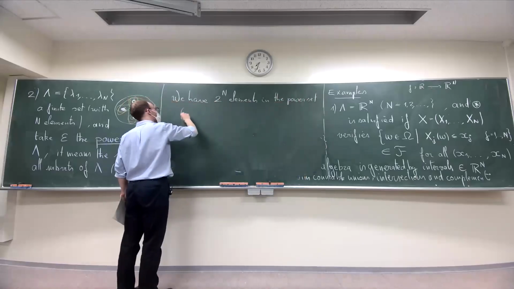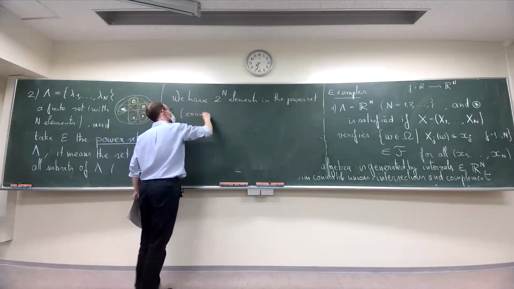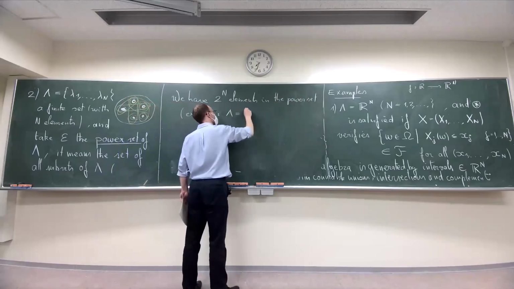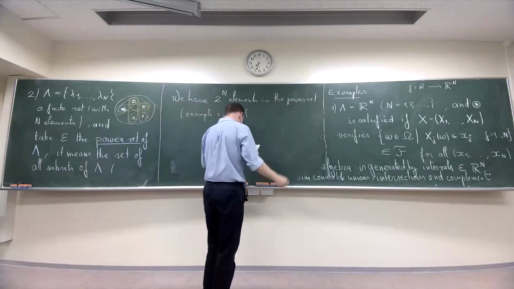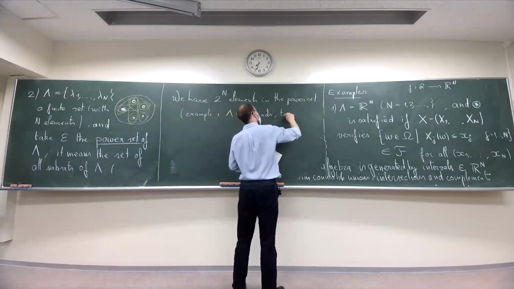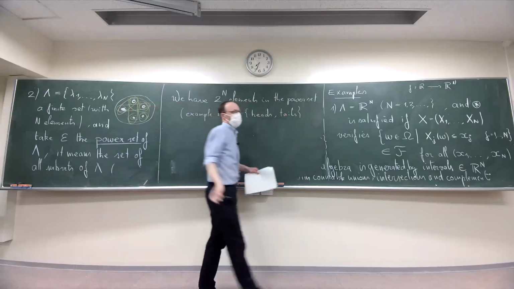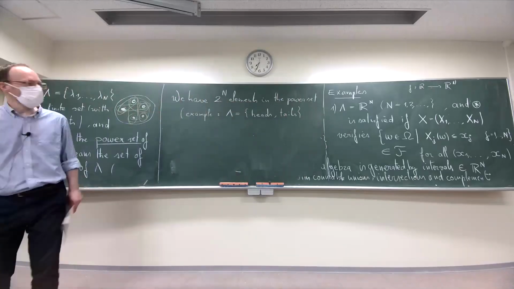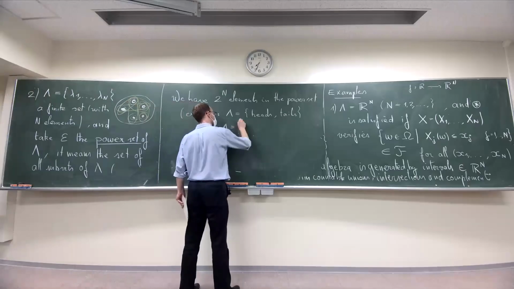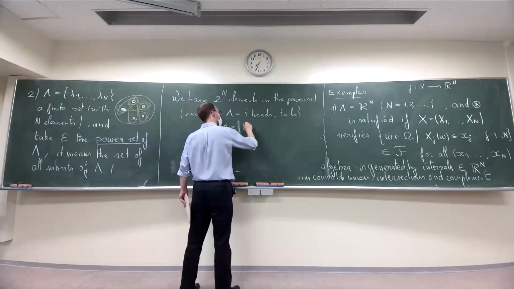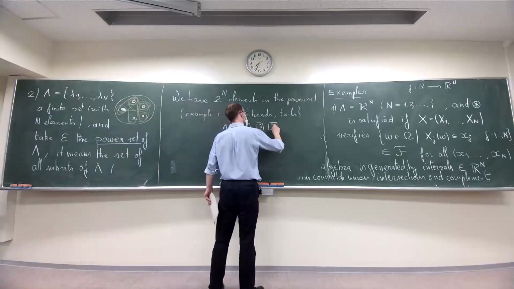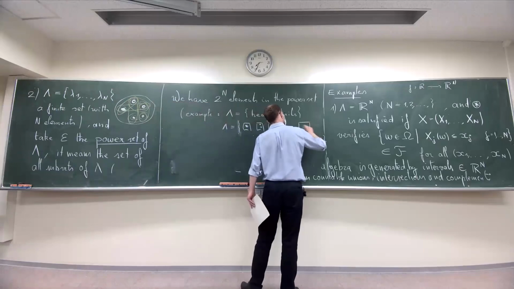Example, why this is useful. If you play with a coin, you are going to just consider heads or tails. Just two choices. If you play with a die, you are going to consider the set of 1, 2, 3, up to 6.